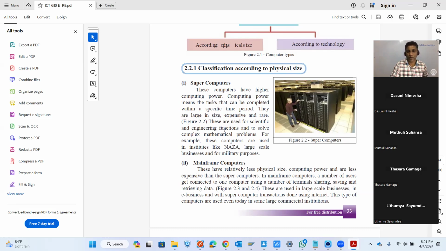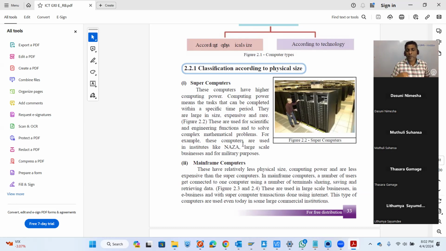Complex problems, right? For example, supercomputers are used in institutes like NASA, large scale business and for military purposes, right? Within maybe a fraction of a second, we need to get the decision to launch a missile, or things like that, right?